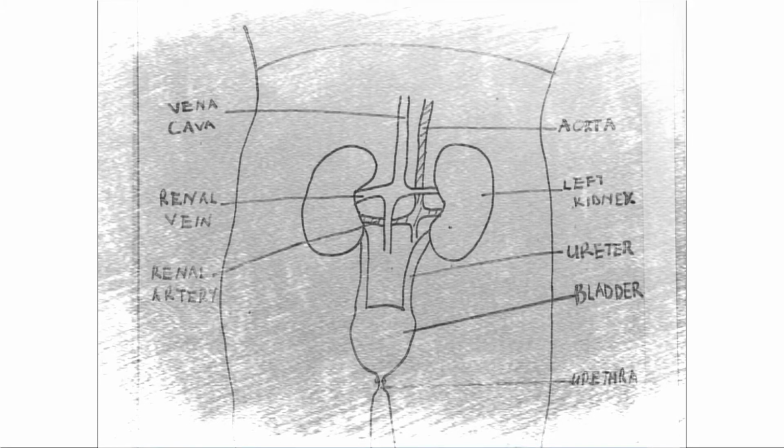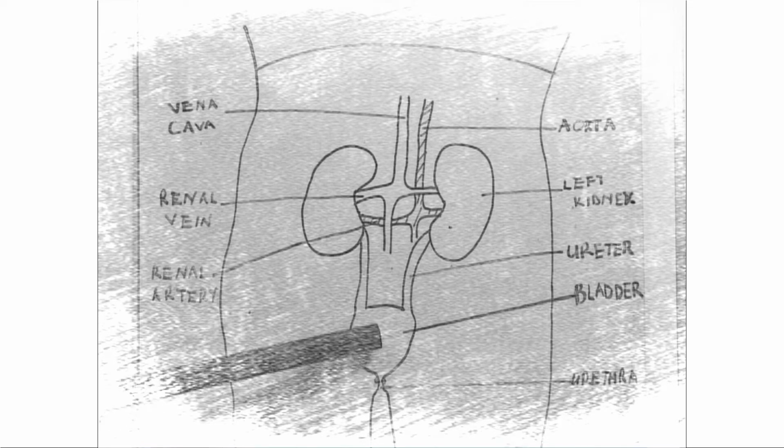One ureter is connected to the left kidney, and another ureter is connected to the right kidney. These two act as passages for urine from the kidneys to the bladder. When the urine reaches the bladder, it is stored there.